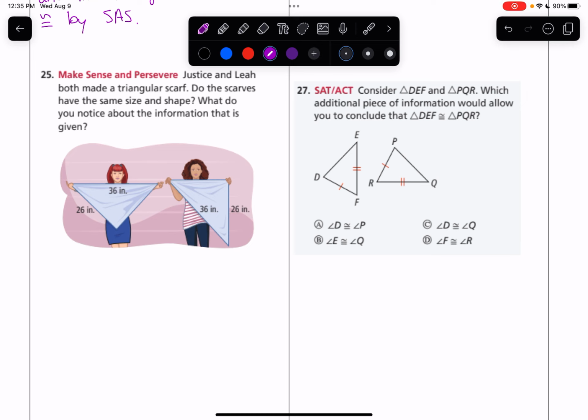So we can't tell if they have the same size and shape. There's not enough information.